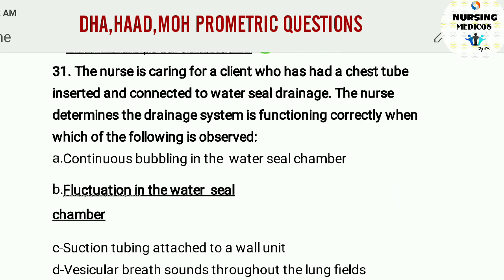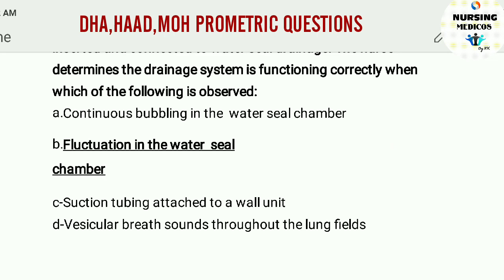31. A nurse is caring for a patient who has a chest tube inserted and connected to water seal drainage. The nurse determines that the drainage system is functioning correctly when which of the following is observed?